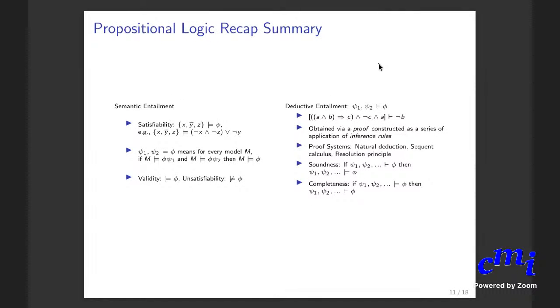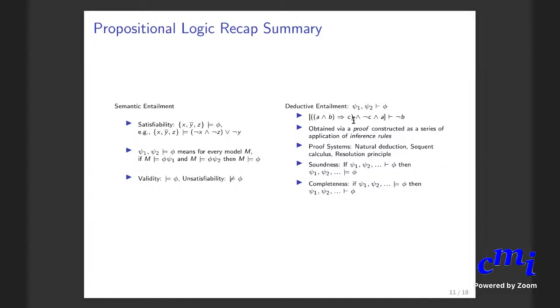Okay, so there is a parallel in all logics to semantic entailment, and that's called deductive entailment, denoted by a single turnstile, which should be read as psi1, psi2 turnstile phi: the formula phi can be deduced as a logical consequence of a set of formulas, in this case psi1 and psi2.